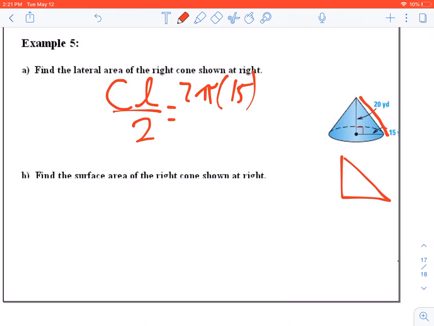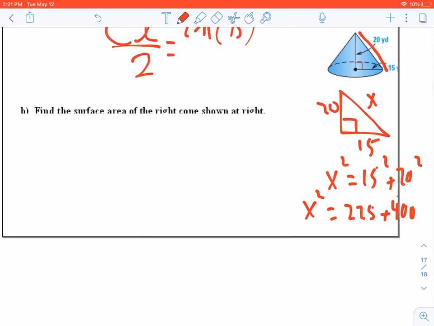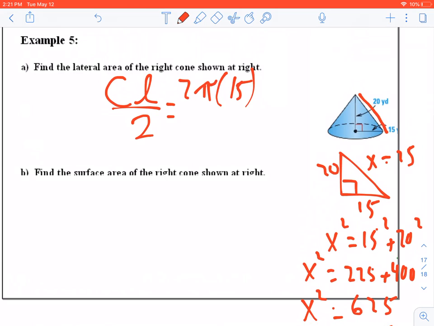So pull out your right triangle. 20, 15, x squared equals 15 squared plus 20 squared. 15 squared is 225. 20 squared is 400. Add them together, I have x squared equals 625. So x equals 25. So there's your slant height then.